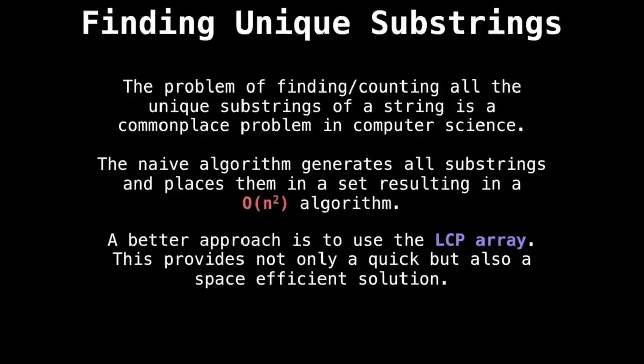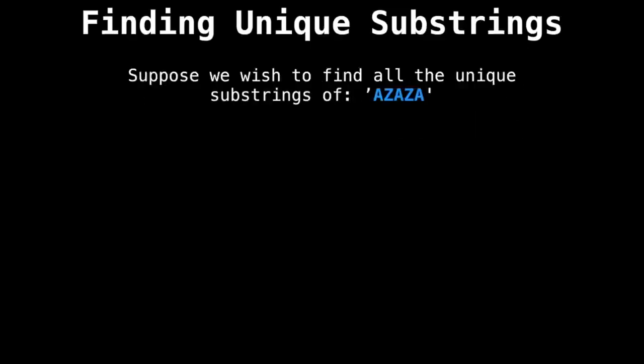This provides not only a quick, but also a space-efficient solution. I'm not saying that this is the canonical way of finding all unique substrings, because there exist other notable algorithms such as Rabin-Karp in combination with Bloom filters. Let's now look at an example of how to find unique substrings.